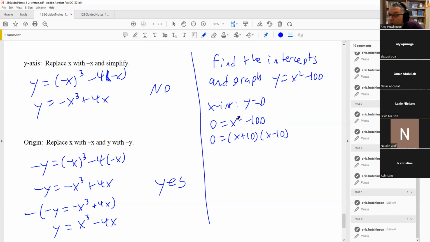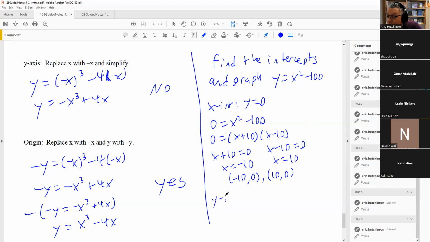Either way, you get x plus 10, x minus 10. If you set both of those equal to 0, you get x equals -10 and x equals 10. As coordinates, that would be -10, 0 and 10, 0. Those are the x-intercepts.